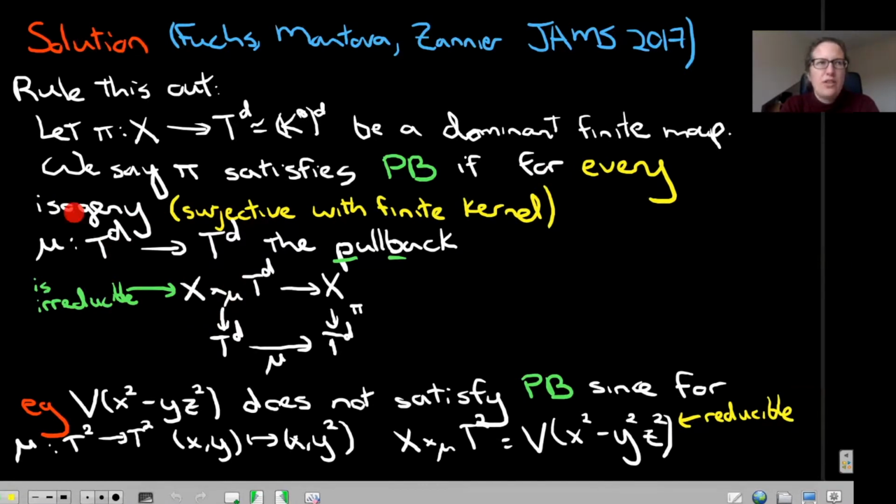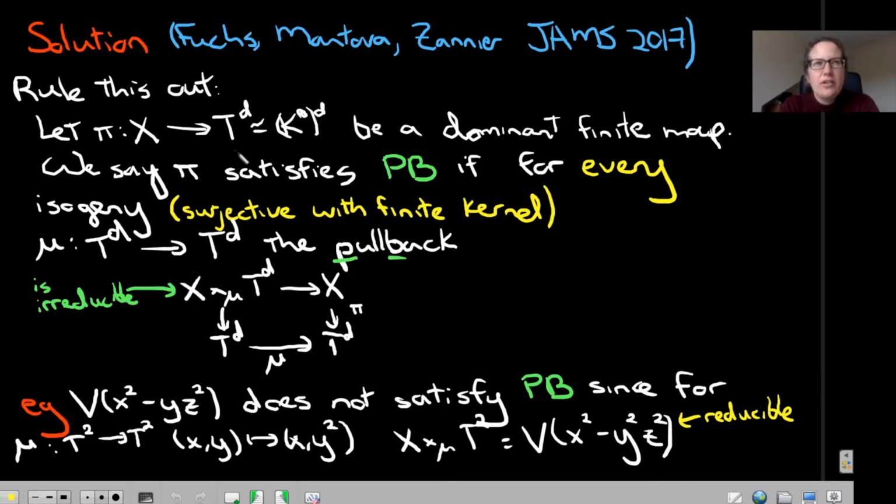An isogeny is a surjective map with finite kernel, so essentially it's going to be given by a monomial map like this, x comma y goes to x comma y squared. We've got pi from X to T^D, we've got the isogeny from T^D to T^D, and we're asking that the pullback be irreducible. And we want that for every isogeny.